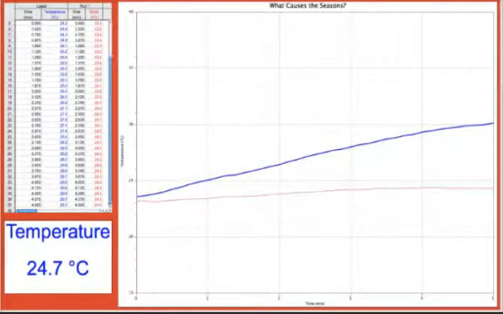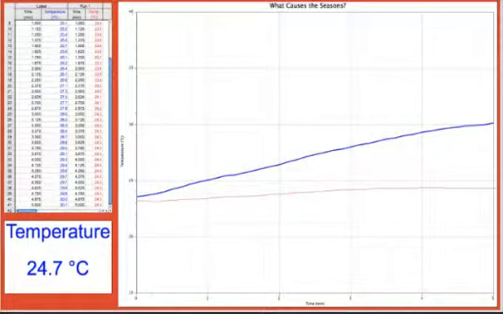The final temperature for the summer data, way down here at the bottom, was 30.1 degrees. For winter, the starting temperature was 23.2 degrees. The final temperature was 24.3 degrees. So you can see in winter, it went up slightly, but not very much, maybe about 1 degree. In summer, it went up quite a bit. Summer is the blue line, and that went up quite a bit.